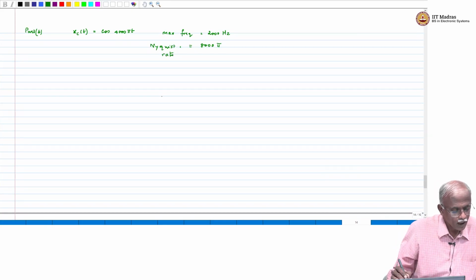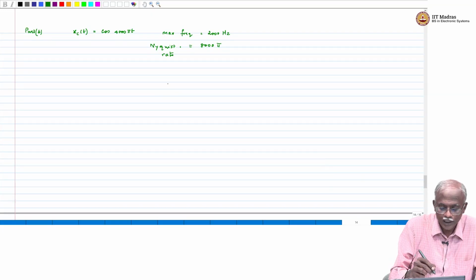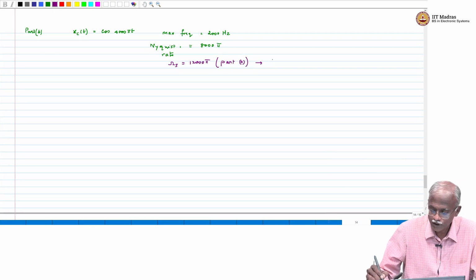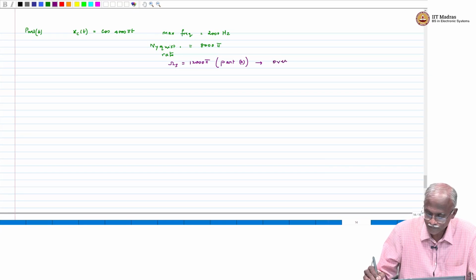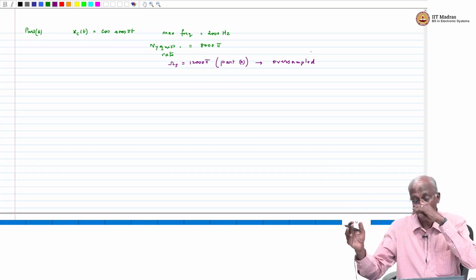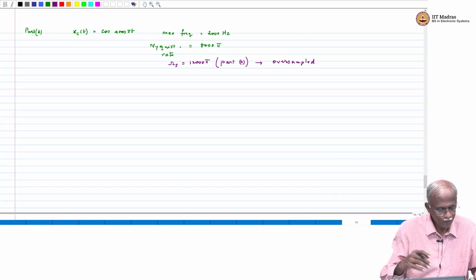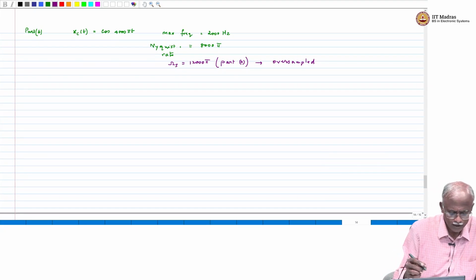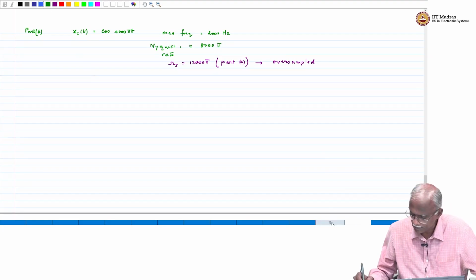Now, last time, if you remember, we used a sampling frequency equal to 12,000 pi. This was in part A, and this was an oversampled system, and we showed how the different copies of the spectrum come out, and how we can look at the signal. If you look at the spectrum of the signal, last time we wrote it down.